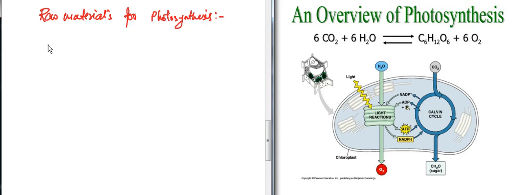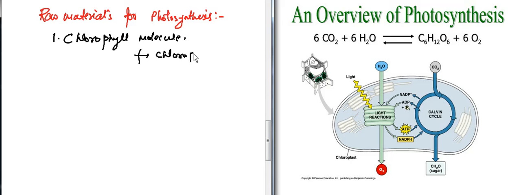The first essential raw material required here is the chlorophyll molecule. There may be some types also, like chlorophyll A, B, C, D, E, like that.